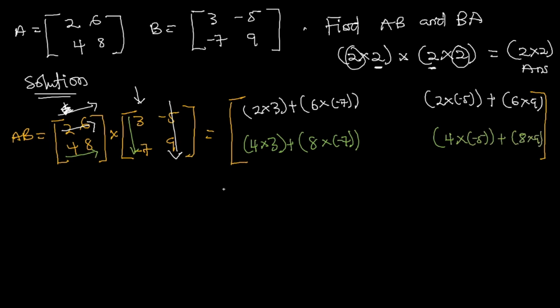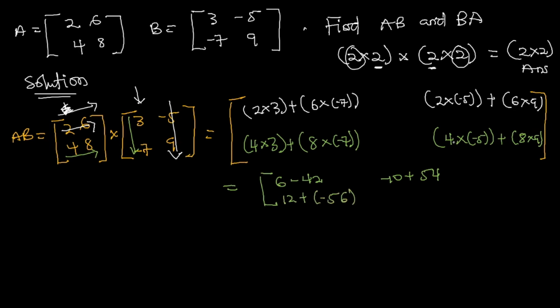So 2 multiplied by 3 is 6, then 6 multiplied by negative 7 gives us negative 42. 2 multiplied by negative 5 gives us negative 10, then plus 6 multiplied by 9 gives us 54. Now 4 multiplied by 3 gives us 12, plus 6 multiplied by negative 7 gives us negative 56.